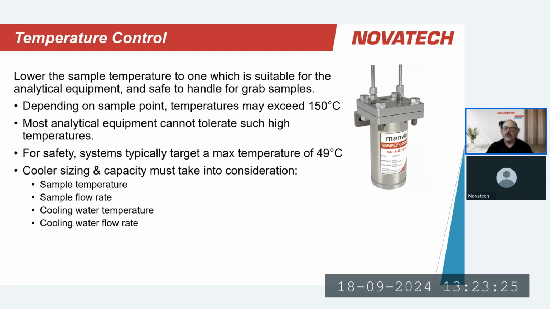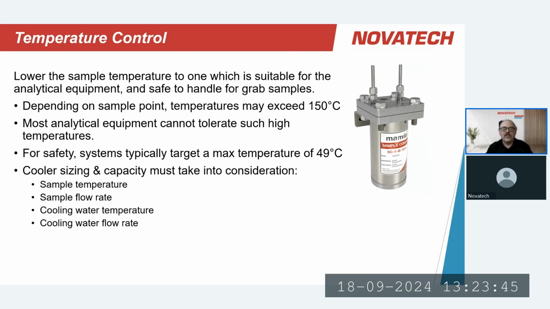So if you get 50 degrees C water on your hands, it will be hot, but you're not likely to cause a burn necessarily. So that's, again, a rule of thumb. It's not an absolute must, but that is typically what we use when we're trying to size the heat exchangers.